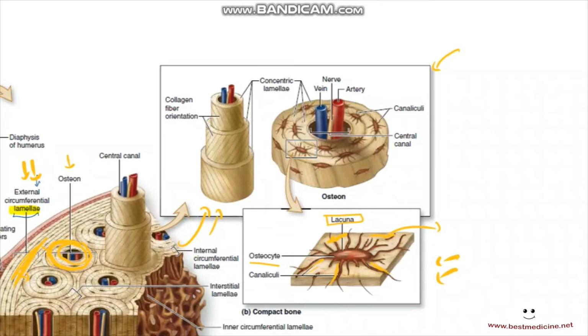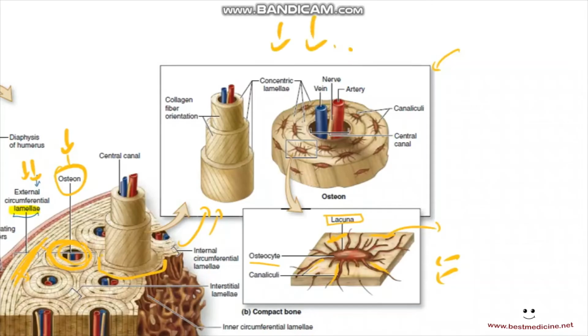All right, so we just said that the circular matrix contains the osteocytes inside the lacunae with their canaliculi, and it is part of the osteon. It surrounds a central canal, and a portion of one osteon has been displayed in this diagram right here.